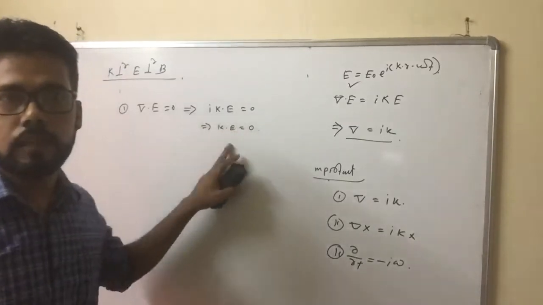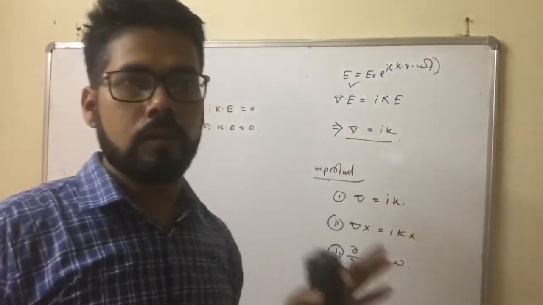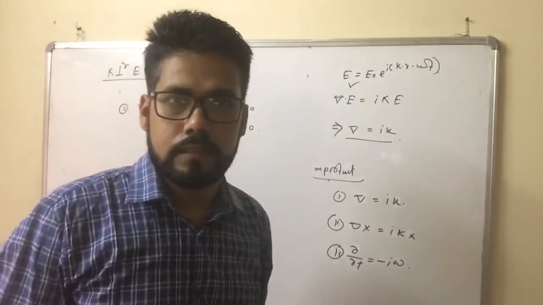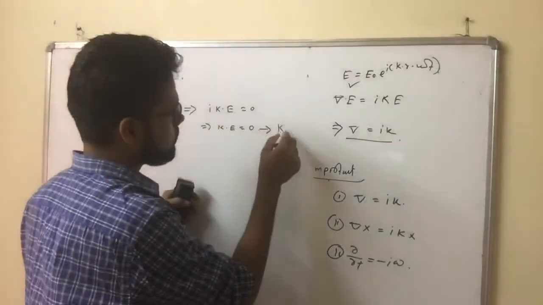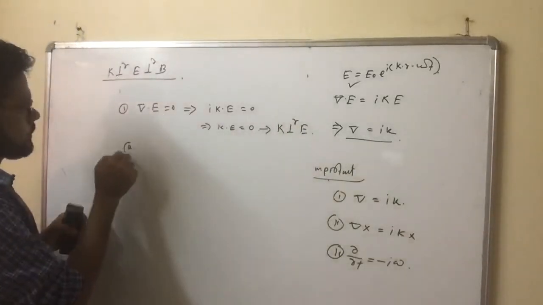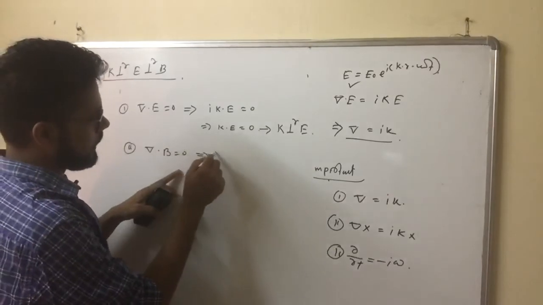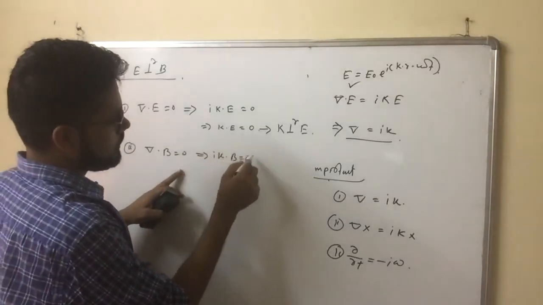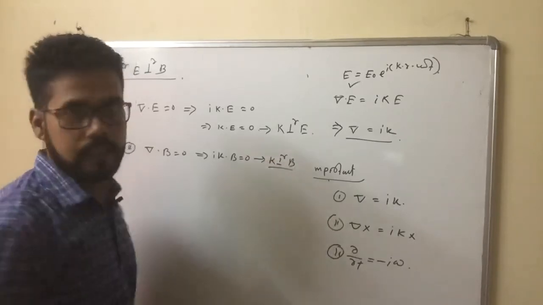Is it okay? k dot E is 0 means the k vector is perpendicular to the E vector, because A dot B equals AB cos theta, so cos 90. So k is perpendicular to E. Correct? Similarly, if you take equation number 2, divergence of B equal to 0, that means ik dot B is 0, and that means k is perpendicular to B. Clear?